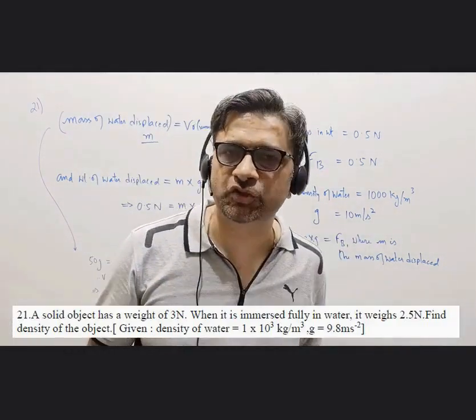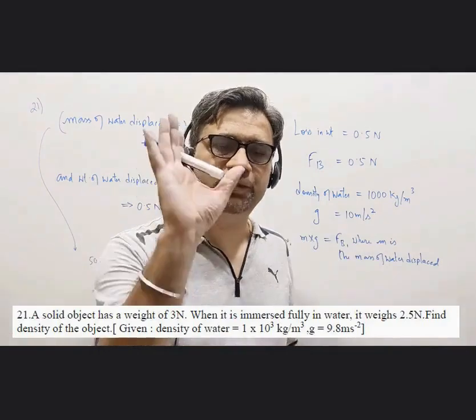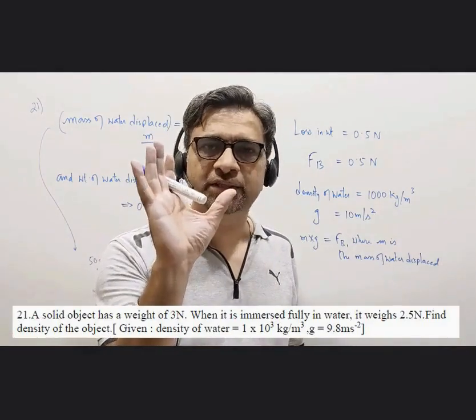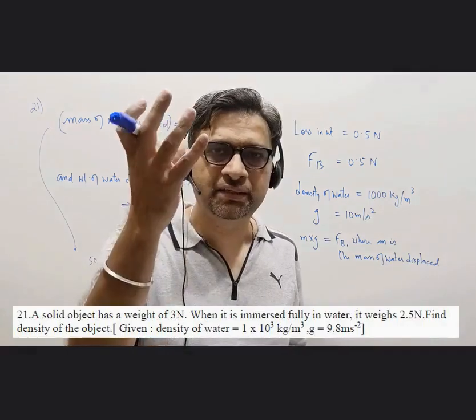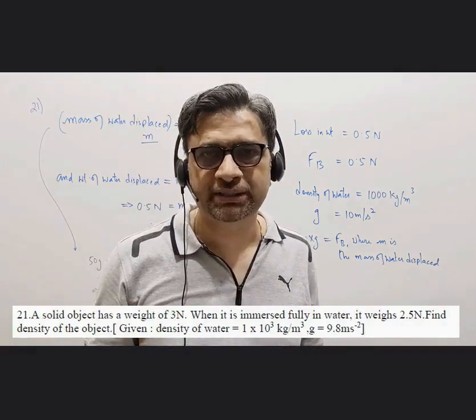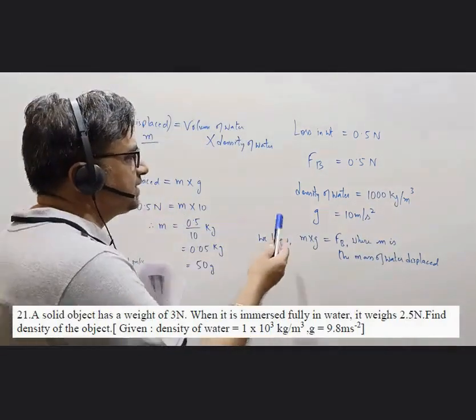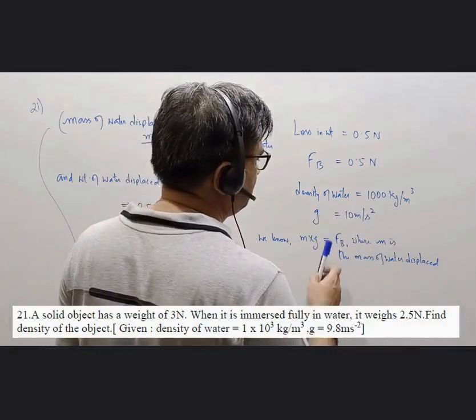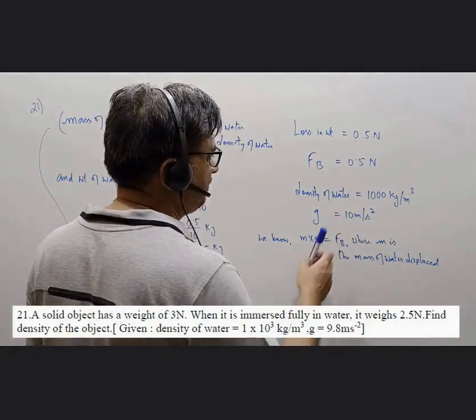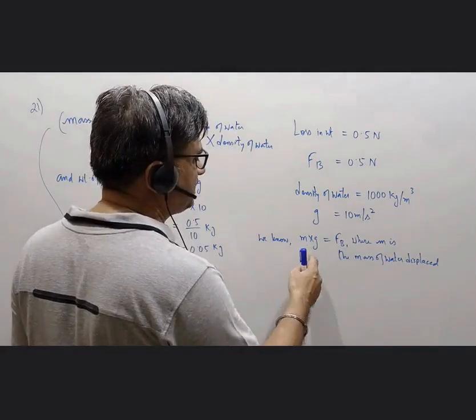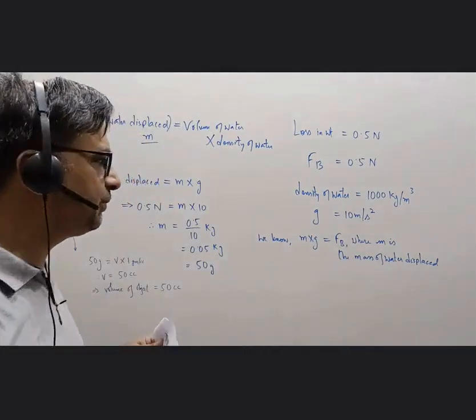Yes, it's because of the 0.5 newton equivalent buoyant force that the overall weight of the object has reduced by this much. In this case, it's given that the density of water is 1000. g is also given as 10 meter per second square, and we know that mass times acceleration is the buoyant force. So let us keep it at this for now.